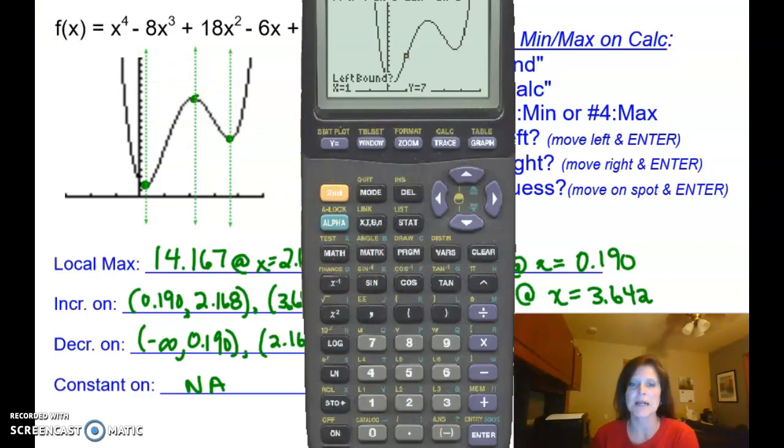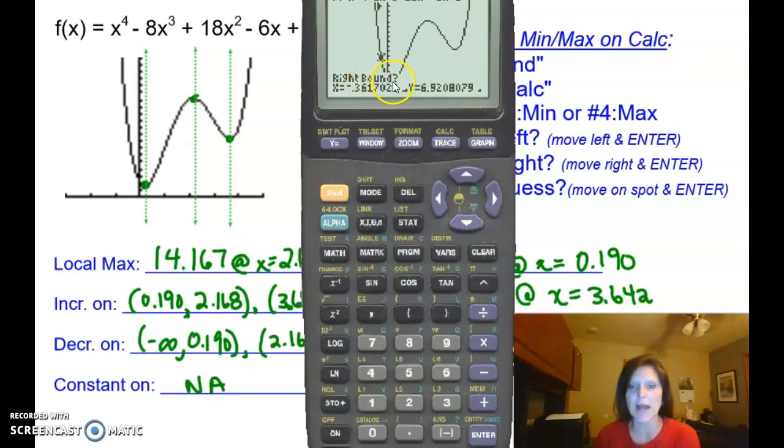The first question it's asking is, what's the left bound? Well, I'm focused on trying to find that low spot there, so it wants to know what's something to the left of that. I'm going to use these sideways arrows to move over. Yep, I'm definitely to the left, and I'm going to hit enter. Then it's going to ask what's the right-hand side.